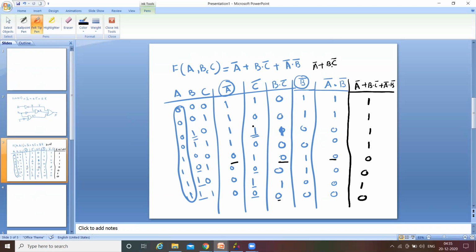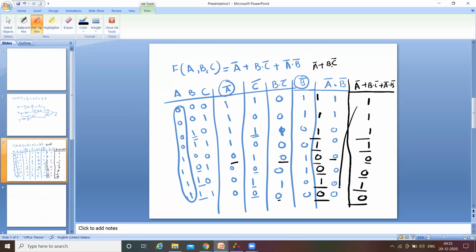This is the OR operation of A complement with this one. The result observed is 1 1 1 1 1 1 1 1 0 0 0 0 1 1 0 0.